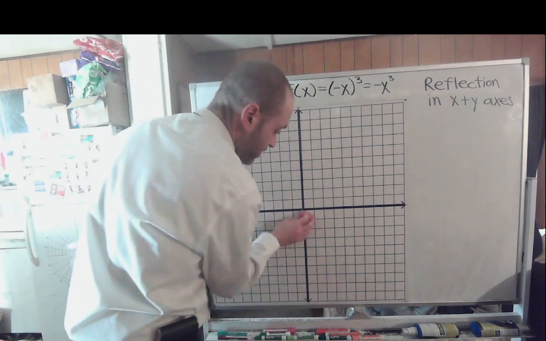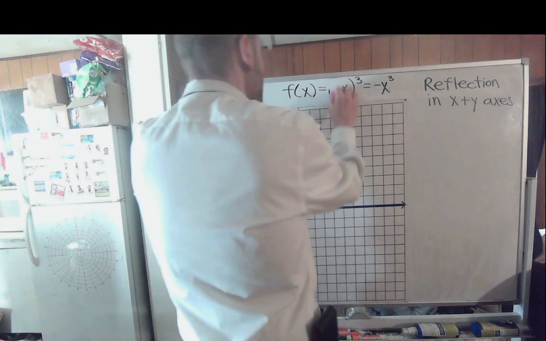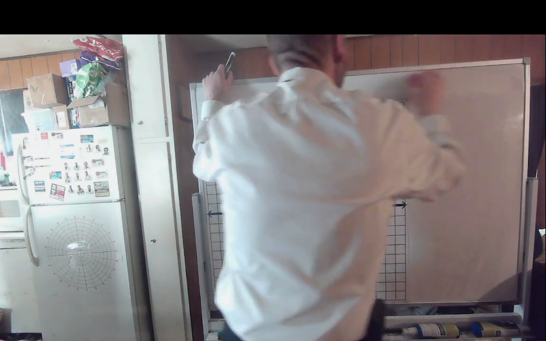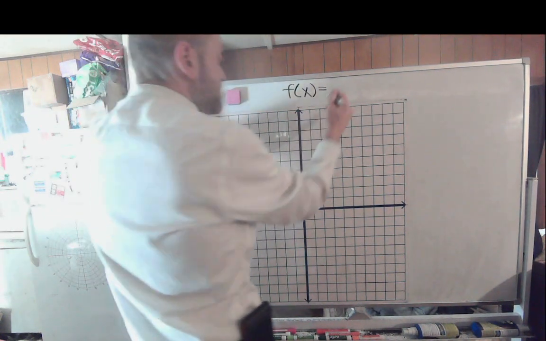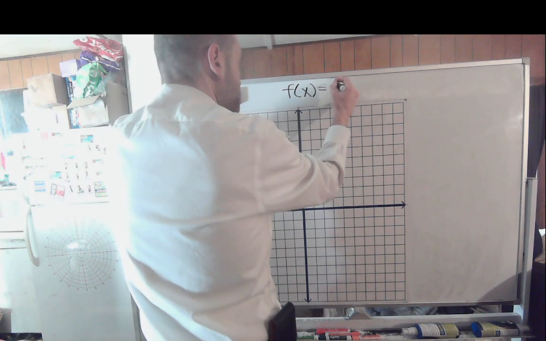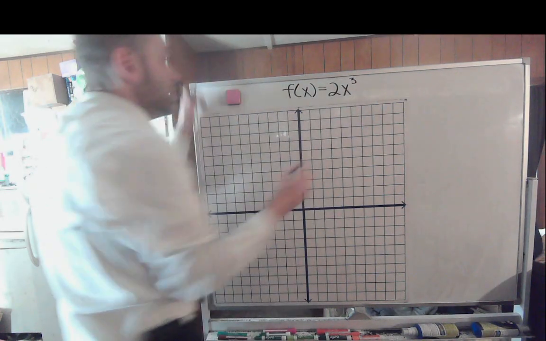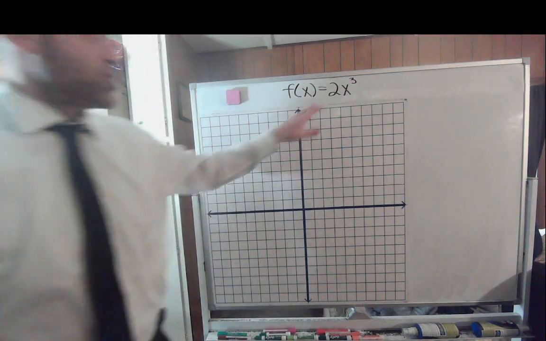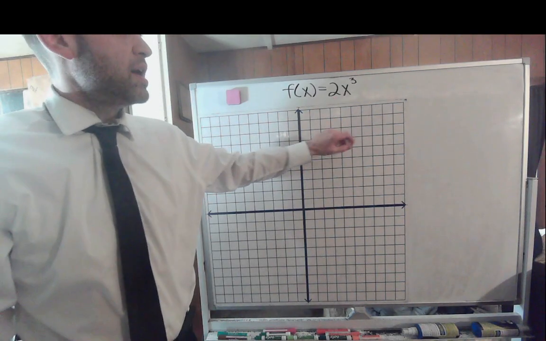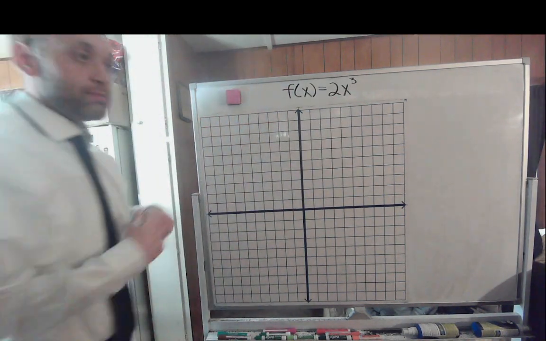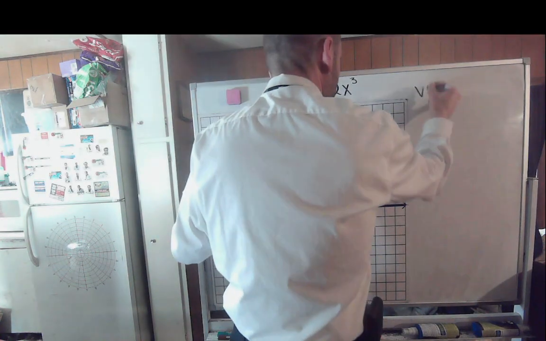Let's do some shrinks and stretches. So let's say I take f of x equals 2x to the third. So I have a coefficient of 2 on x to the third. All I'm doing is a vertical stretch of 2.